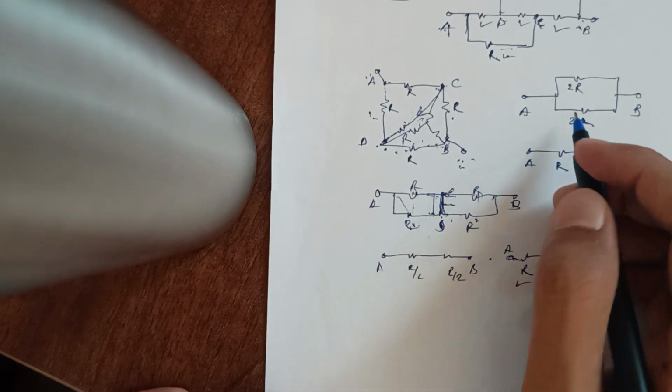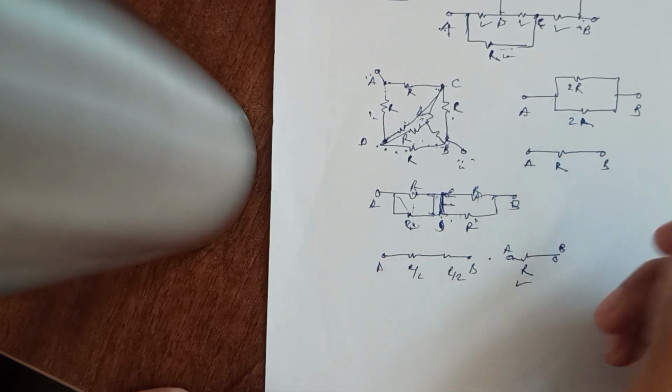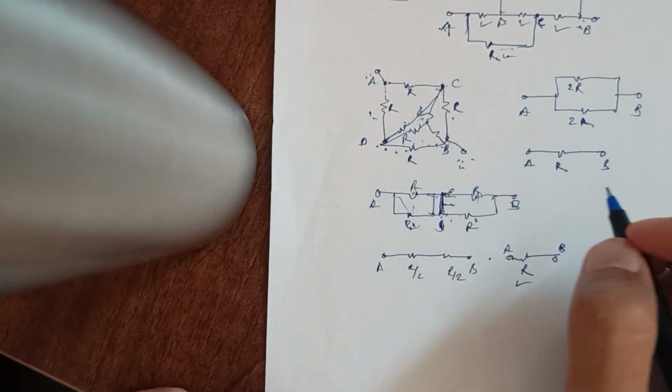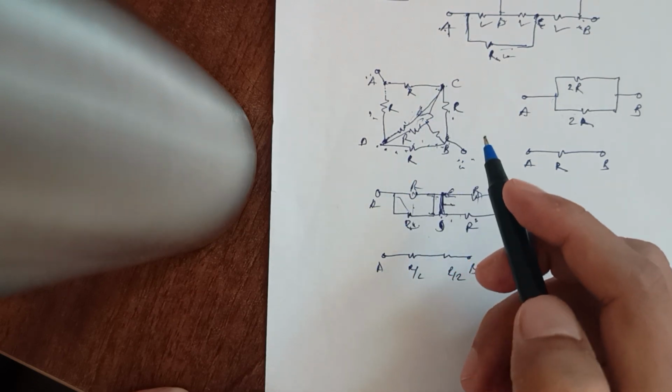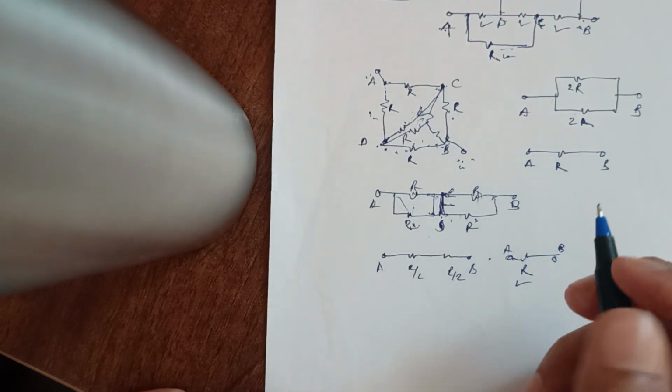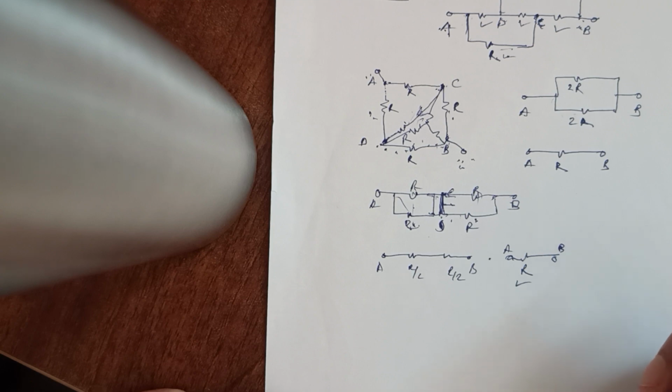But I think you should go with this Wheatstone bridge approach. It is widely used, and you can simplify it by the Wheatstone bridge technique. So you can solve it very properly and very quickly.